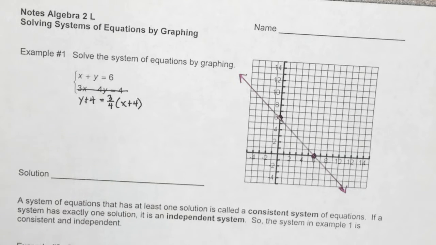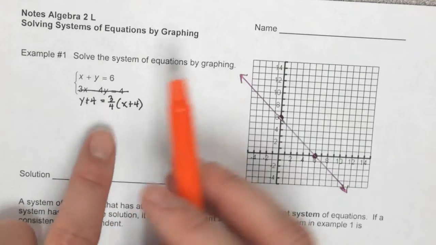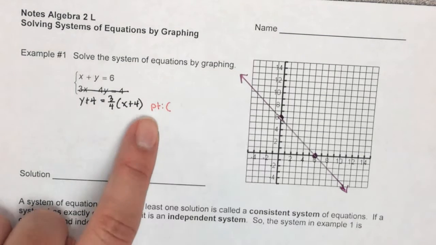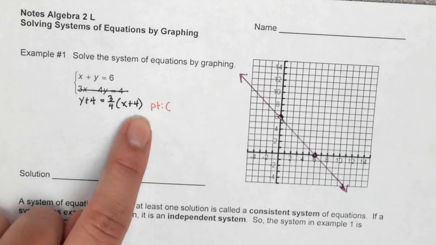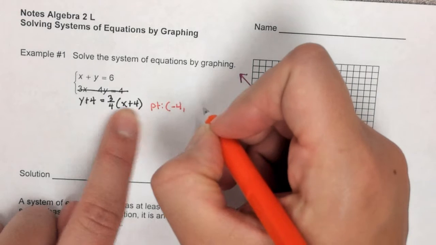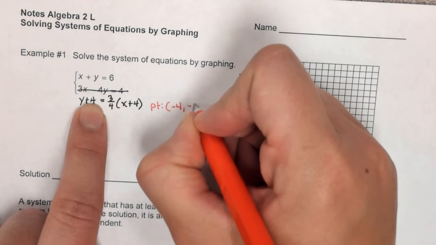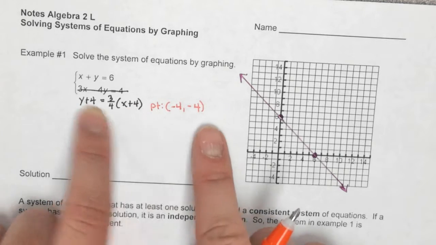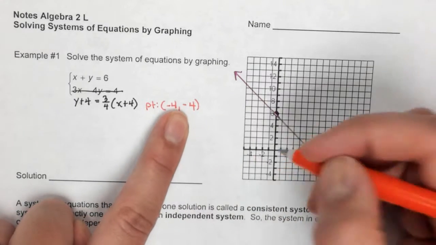Okay, if I want to do the second one, this is point slope form. So let's decide, what is that starting point? What's the point that they gave us in the problem? -4, because remember it's opposite, comma, another -4. Because they're both plus, remember they're opposite. So I'm going to start at the point (-4, -4).